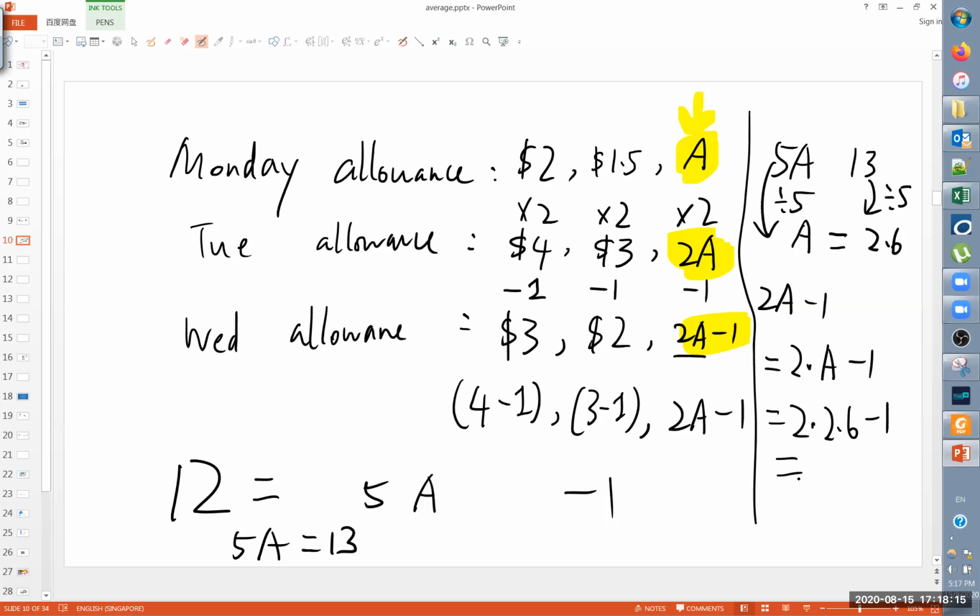Use calculator. 1.6. How do you get it? This is 2 times 2.6, minus 1. So the answer is 4.2, okay, so the answer is 1.2 for Wednesday.